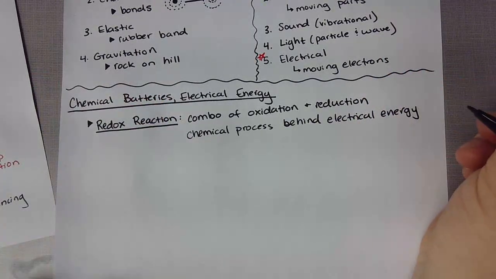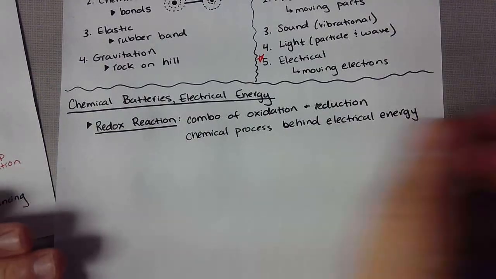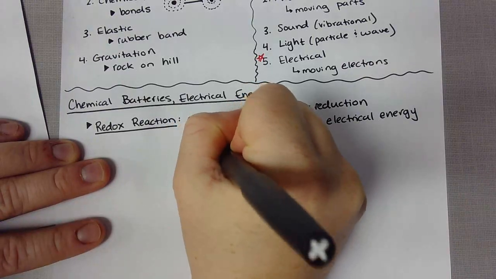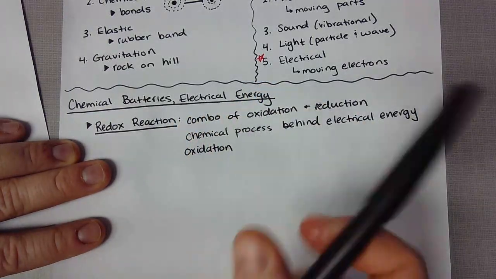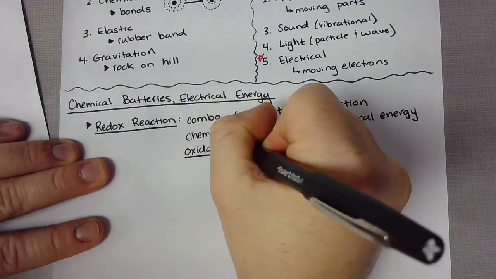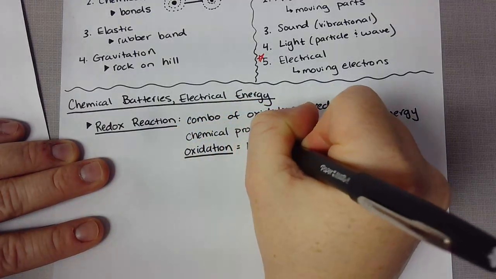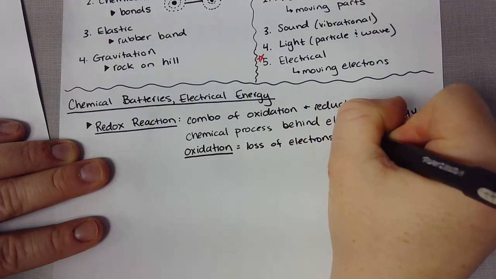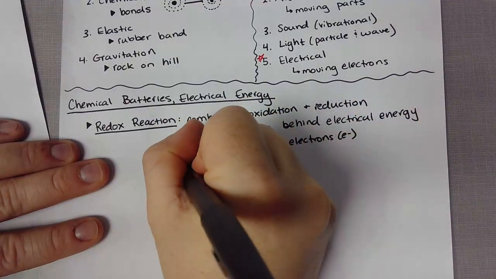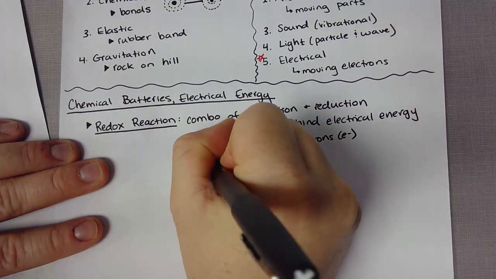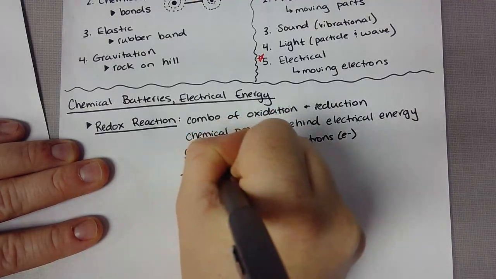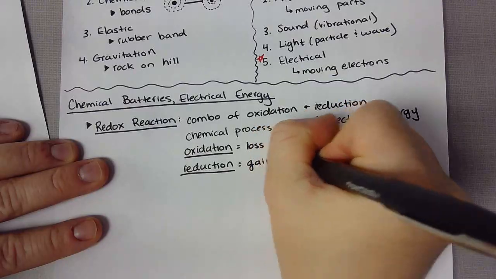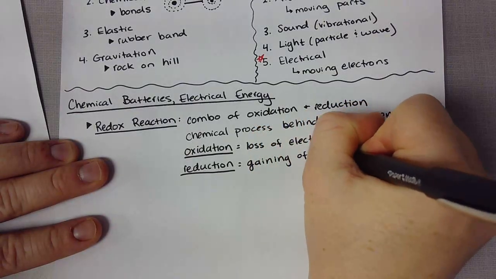Specifically, oxidation, the first half of this process, is the loss of electrons, while reduction is its other half, the gaining of electrons.